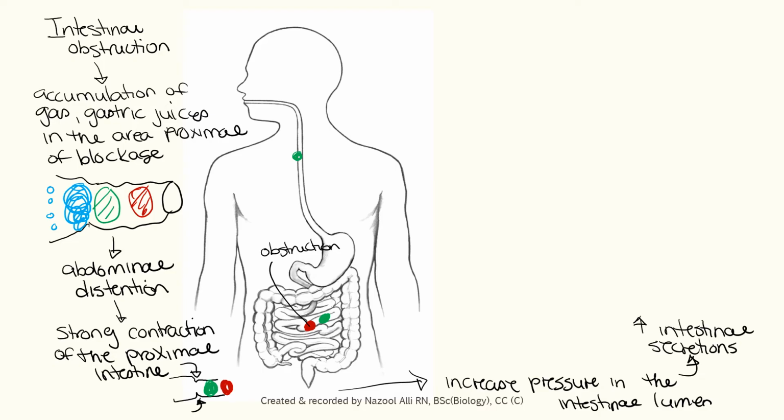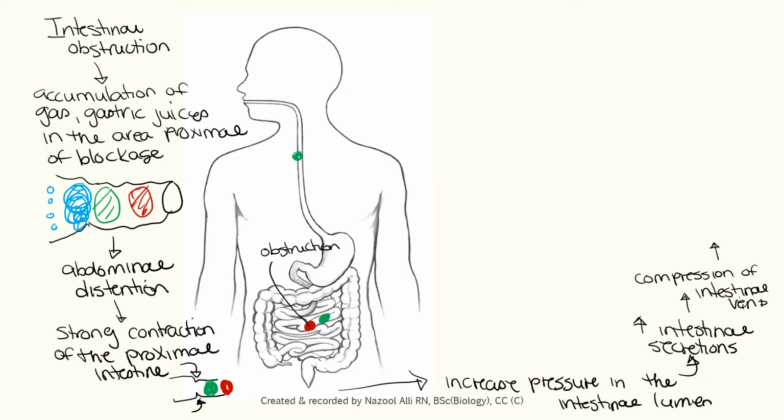And the more intestinal secretions we have accumulating there, the veins within the intestinal wall are going to start to compress. So this is going to lead to compression of the intestinal veins. And as the intestinal veins are compressing, we're now going to see fluid shifting occur.